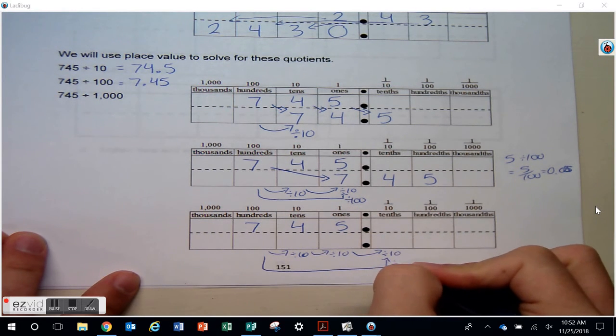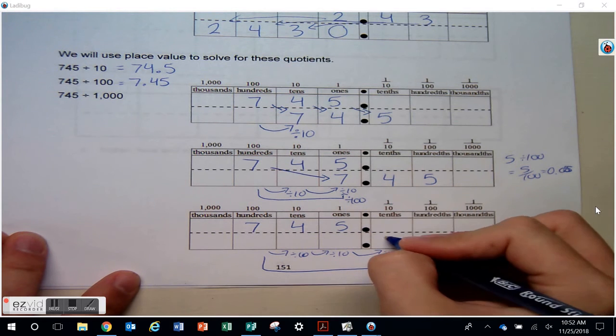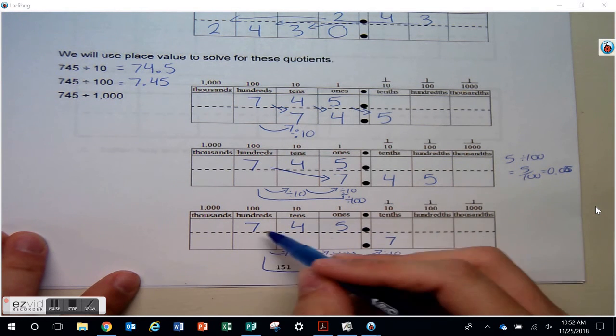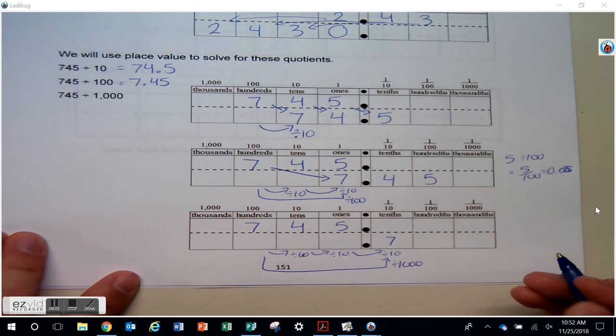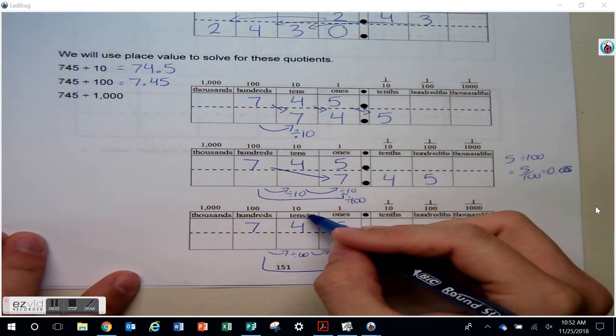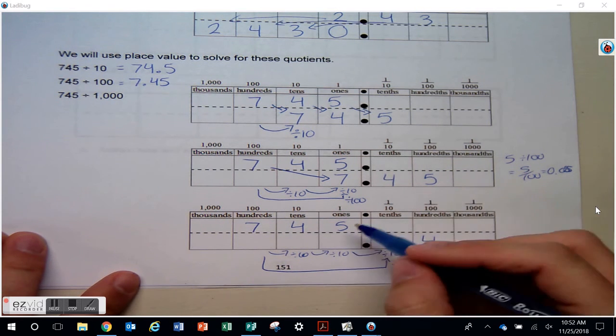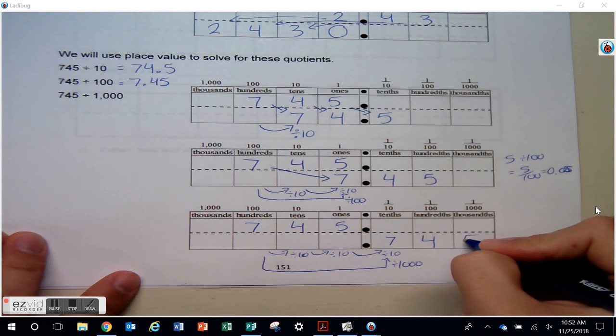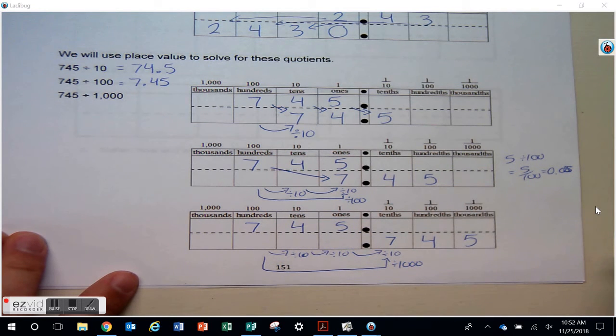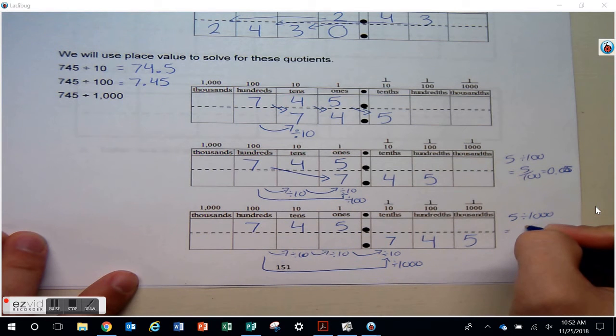So now I have 7 hundreds divided by 1,000 gives me 7 tenths. 4 tens divided by 1,000 gives me 4 hundredths. And 5 ones divided by 1,000 gives me 5 thousandths.